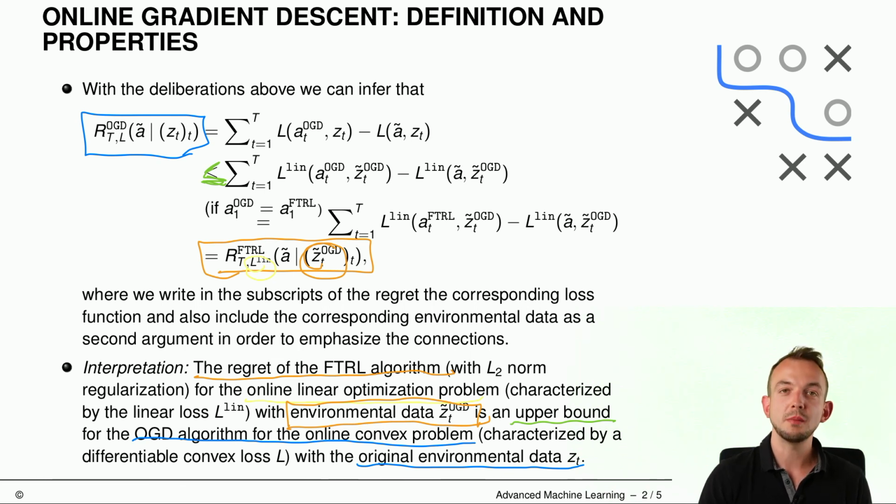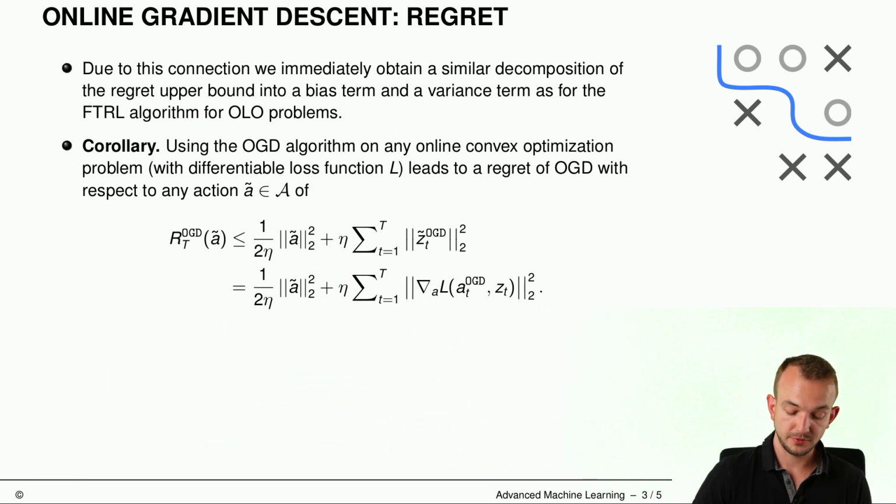But we remember we did already a theoretical analysis of this latter regret of the follow the regularized leader algorithm for any online linear optimization problem where we have a couple of simple assumptions, let's say, but still very general, and this can be used to analyze the online gradient descent with this relationship immediately.